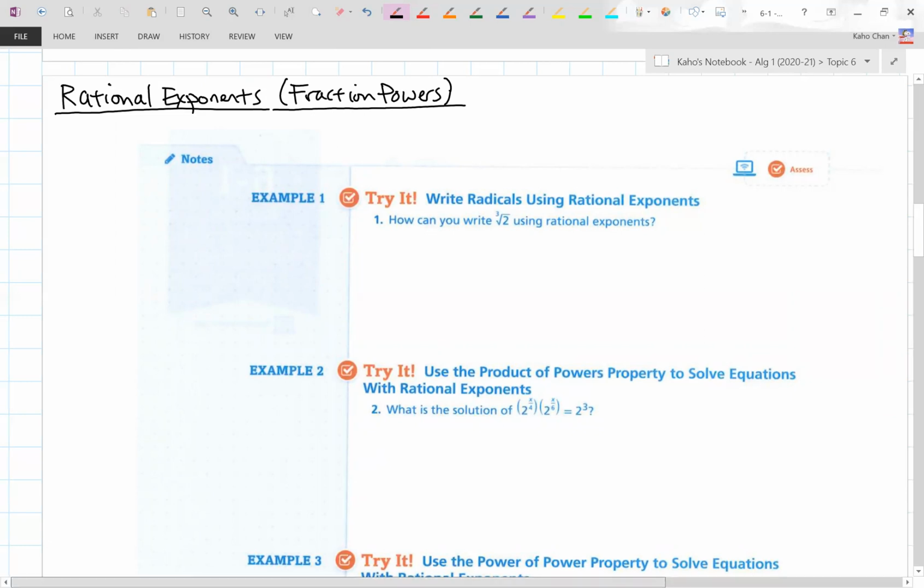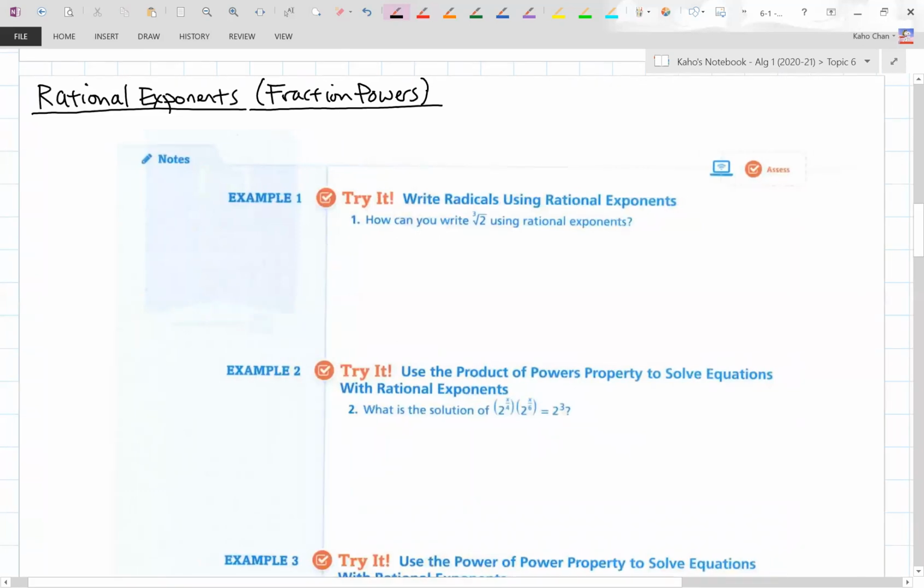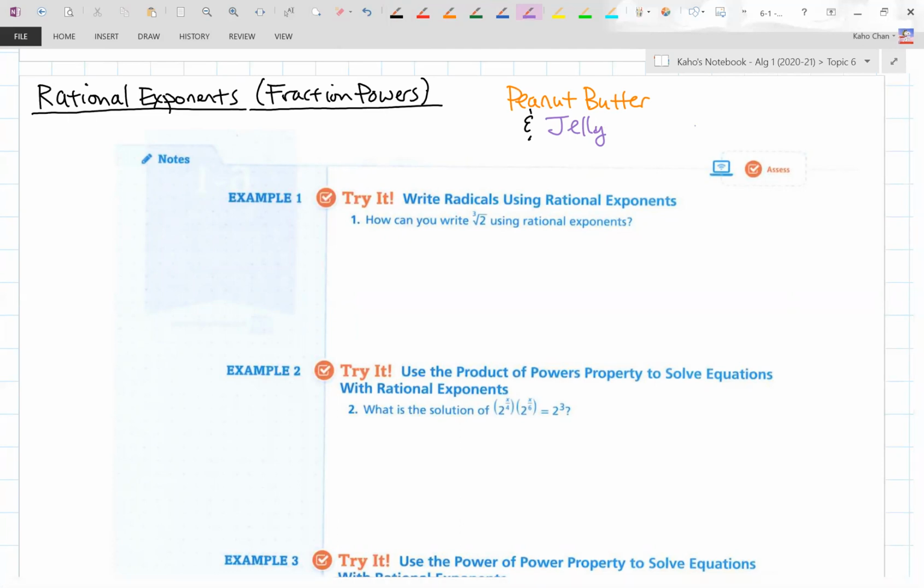Now, I don't know about you guys. When I was growing up, I would eat peanut butter and jelly sandwiches. Some of you might be allergic to peanut butter, but I wasn't. Peanut butter and jelly come in separate cans. But this one company, I can't remember the name, decided to put both the peanut butter and the jelly together into one jar.